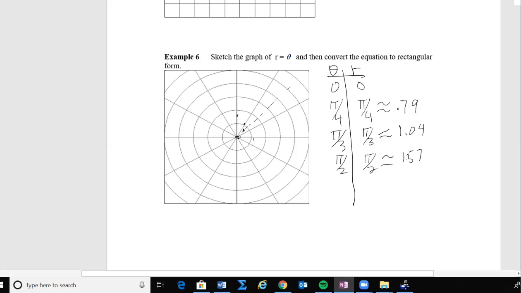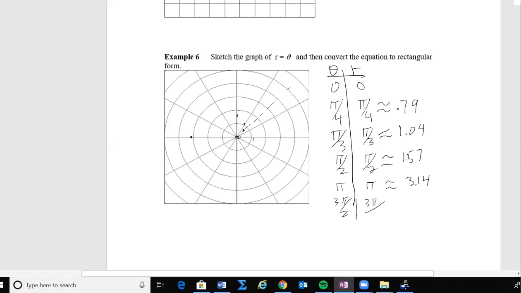And then you can kind of see the way it's coming outward. As we move out, it gets larger. And by the time you get to pi, it is pi, which is about 3.14, right? So that's over here now. Right there.